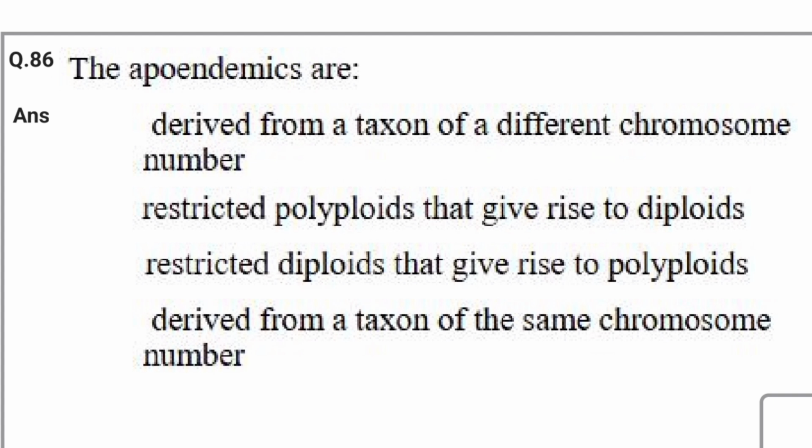The apoendemics are: options are derived from a taxon of a different chromosome number; restricted polyploids that give rise to diploids; restricted diploids that give rise to polyploids; derived from a taxon of the same chromosome number. For this, the correct answer is restricted diploids that give rise to polyploids.